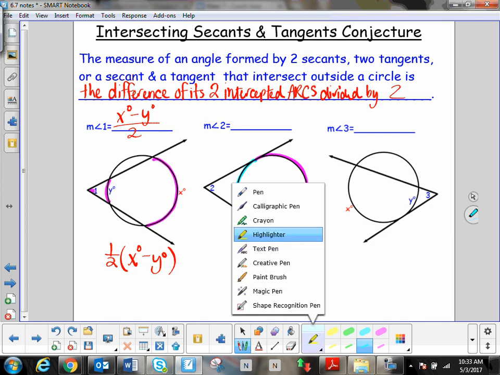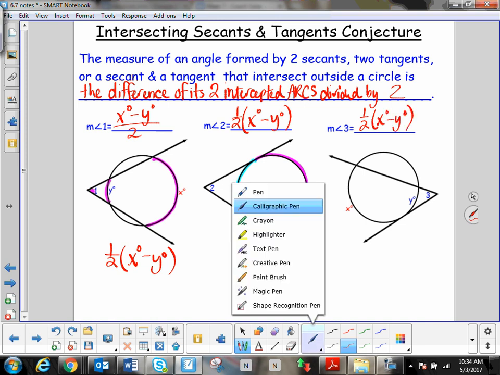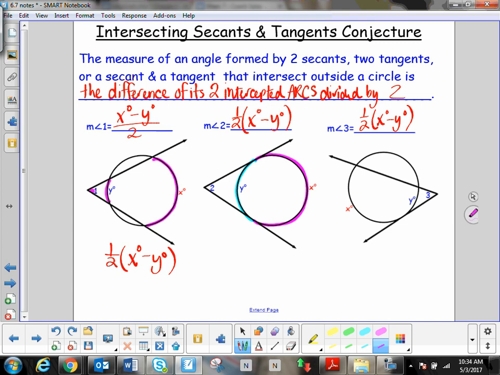It's the exact same formula: 1/2 X degrees minus Y degrees. And then that last formula is the exact same way: 1/2 X degrees minus Y degrees. So X is going to be from here to the point of tangency. Y goes from there to the point of tangency.